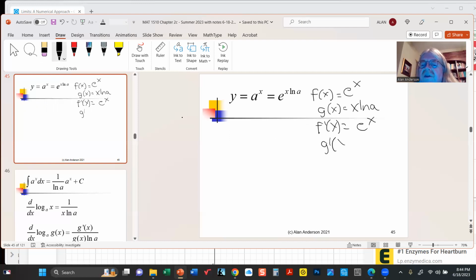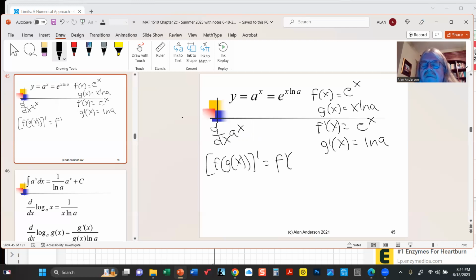So that means g prime of x is just ln a, or log a. So the derivative then of a to the x will come from the chain rule in the following way.